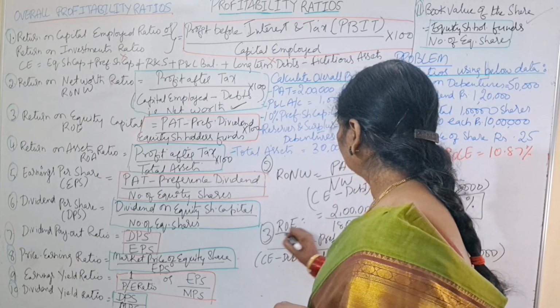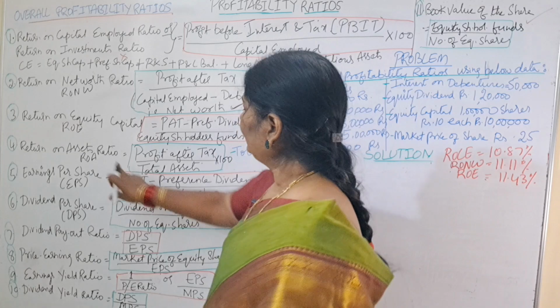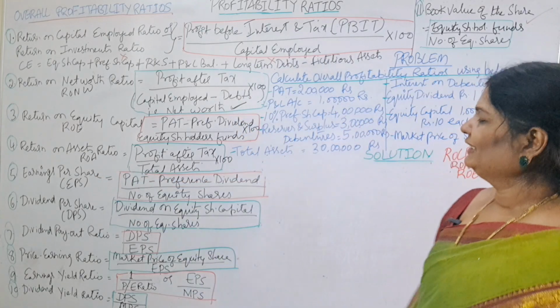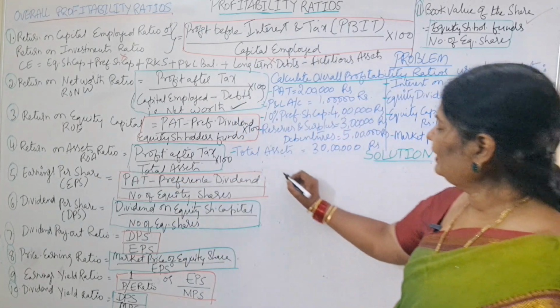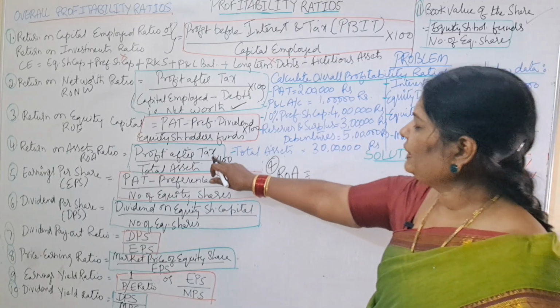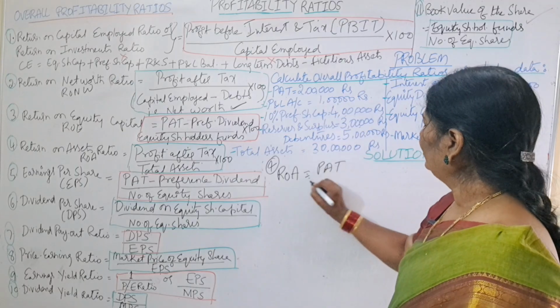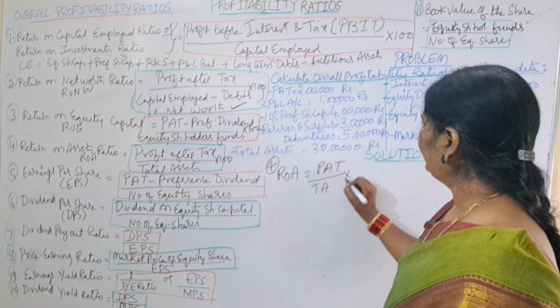ROE. Take screenshot. Now coming to the fourth one, return on assets ratio. So return on assets means what? ROA. What's the formula? PAT by total assets into 100.